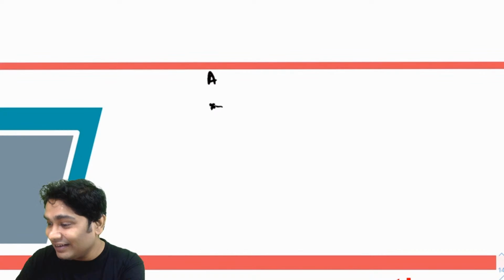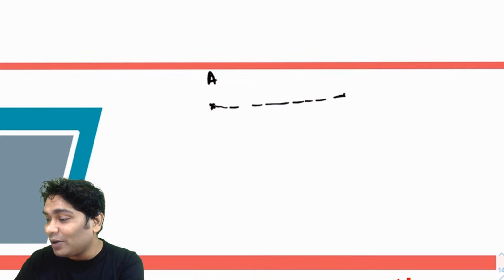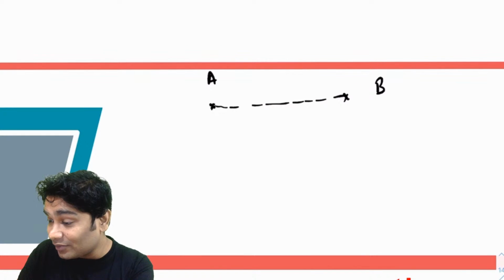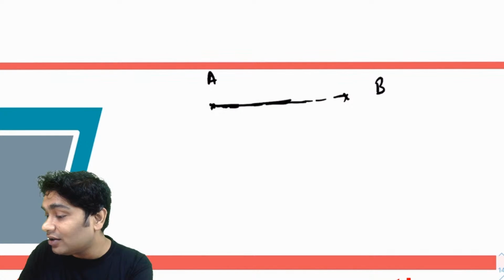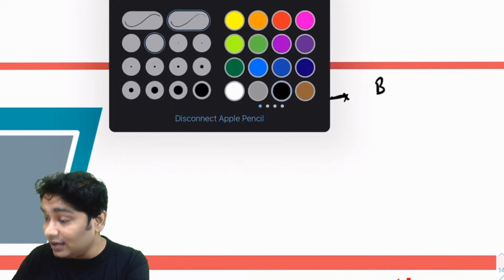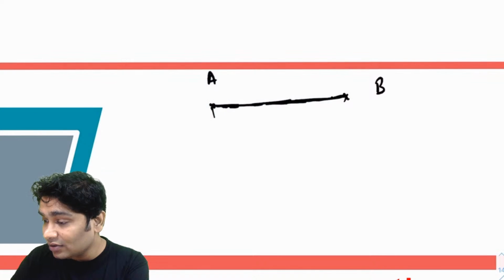And then you have a point B here. So you have two paths to reach from A to B. This is vertical. So there is a wire going directly like this, and then there is another wire which is in the form of a semicircle.